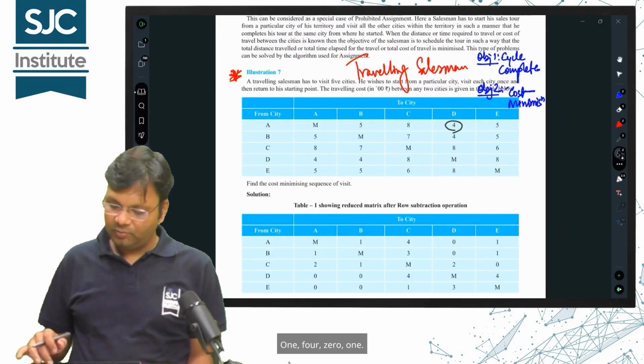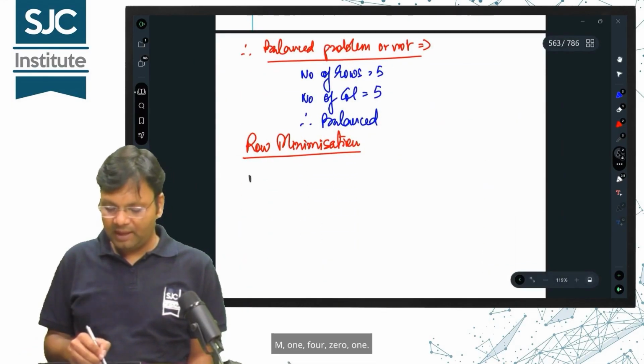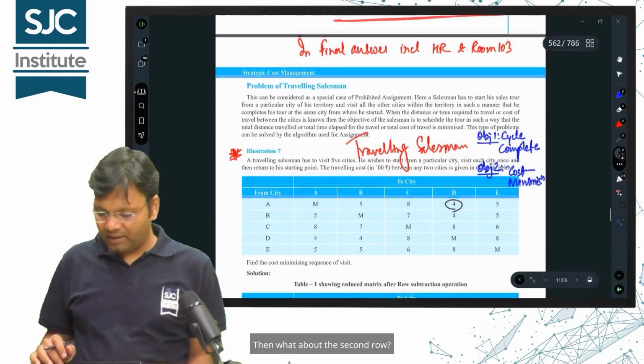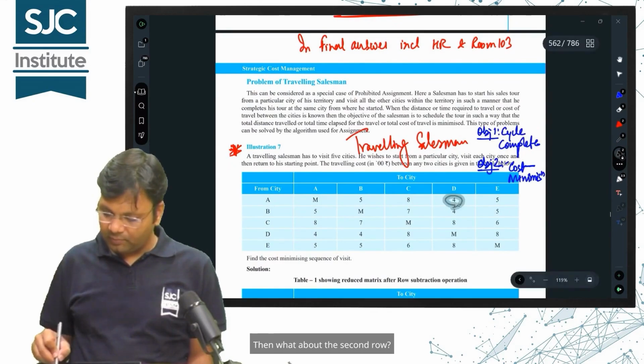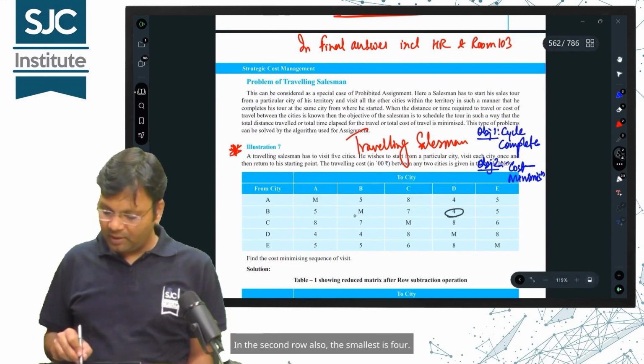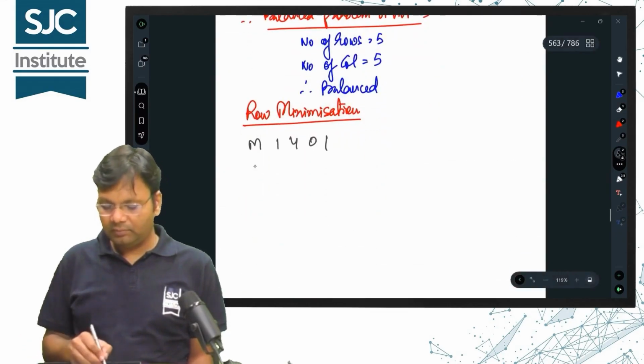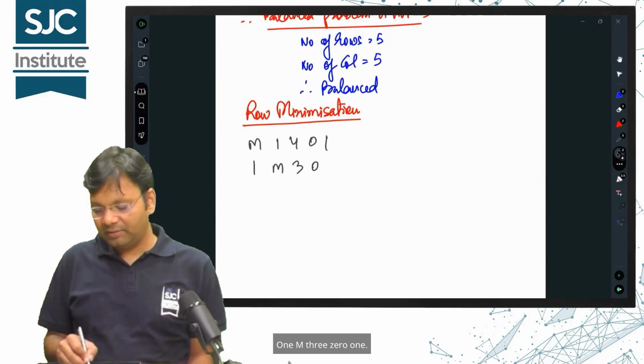So the first row becomes 1, 4, 0, 1 with M. Then what about the second row? What is the smallest value? In the second row also, the smallest is 4. So it becomes 1, M, 3, 0, 1.